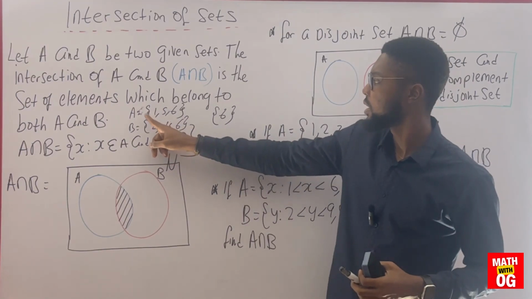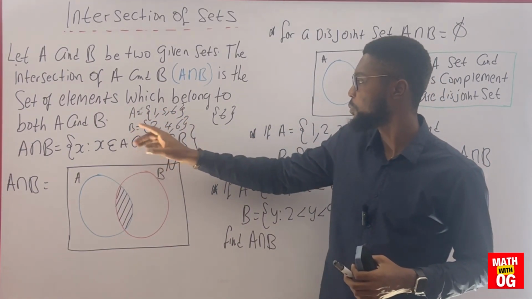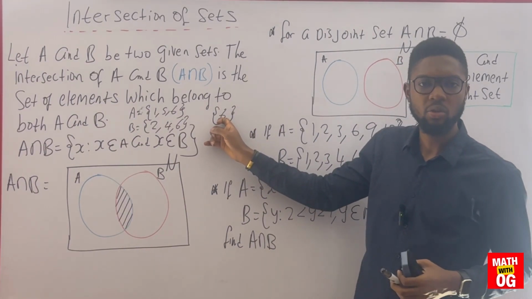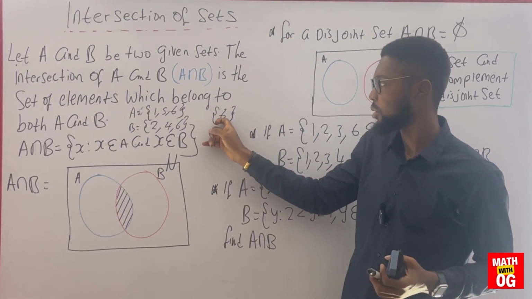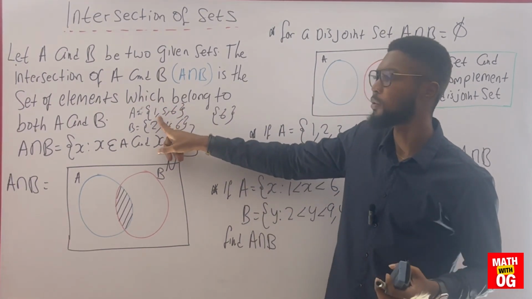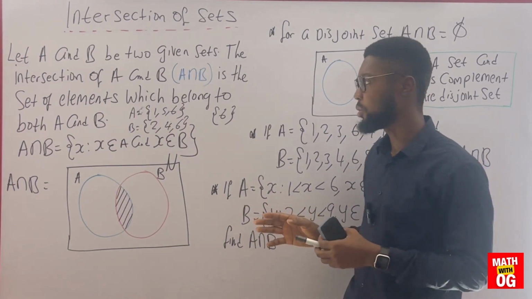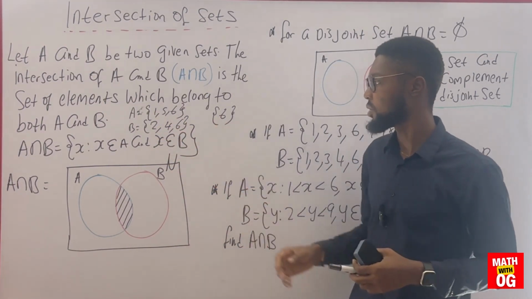You can see here that 6 is an element of A and 6 is also an element of B, making 6 the intersection of A and B. But 1 and 5 are not elements of both A and B, they are elements of just A. 2 and 4 are not elements of both A and B, they are elements of just B. So the answer is just 6.